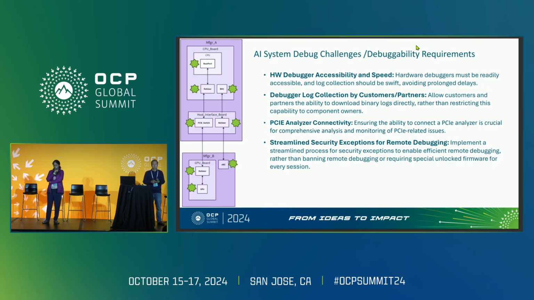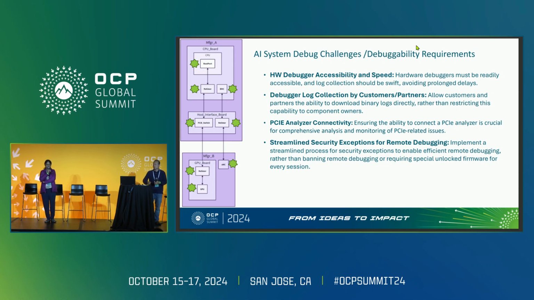Currently the process requires a lot of special steps with respect to unlocking firmware and other nuances. This is an area that generally impedes us from moving fast when we want to look at data across these different ingredients.